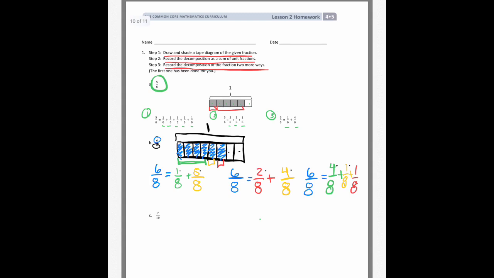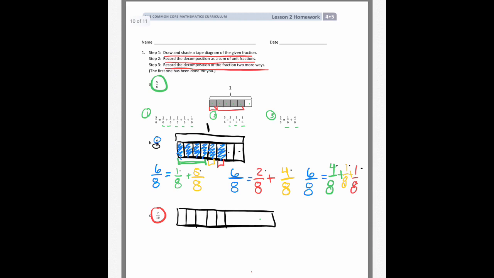Part C says 7/10. So I need to draw my whole, and I'm going to split it into 10 parts because my denominator is a 10, which means that's the total number of parts it should be divided into. So I'm drawing my rectangle. I'm going to split it into 10, so I'm going to do half and make each half 5 parts.